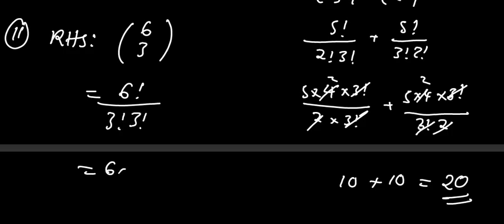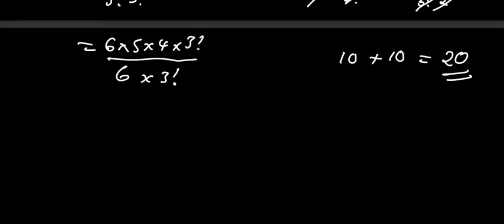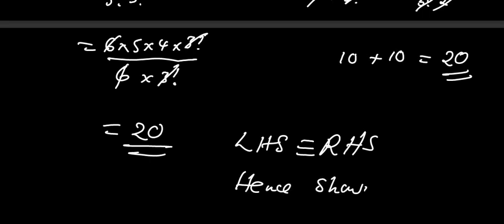This is going to be 6 by 5 by 4 by 3 factorial over 3 factorial and another 3 factorial. We cancel this. 6 cancels as well. This is simply going to give us a 20. You notice that the left hand side is equal to the right hand side, right? So this is when we conclude to say hence shown. This is basically what you have.